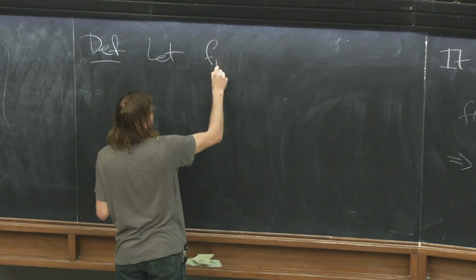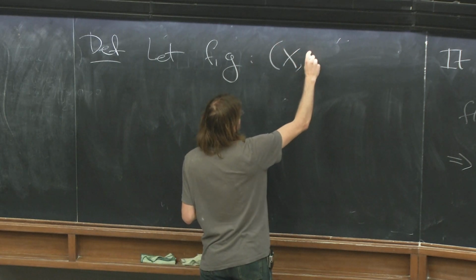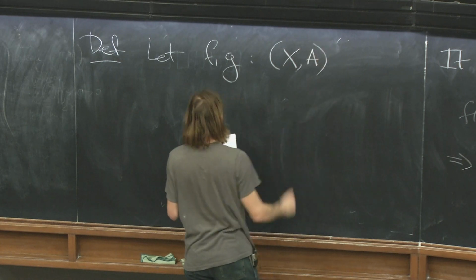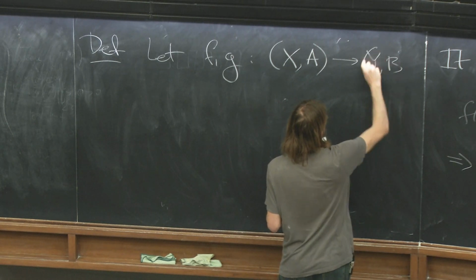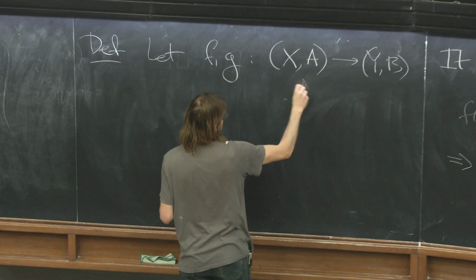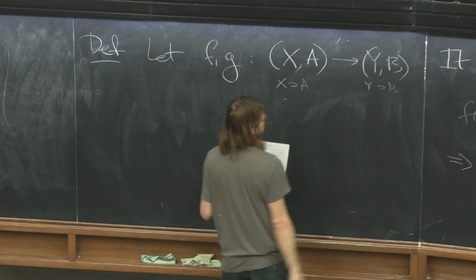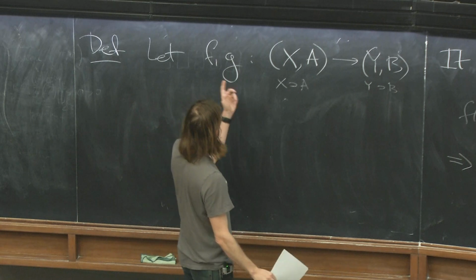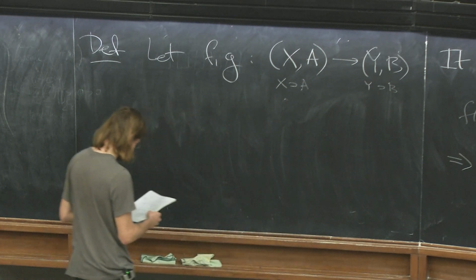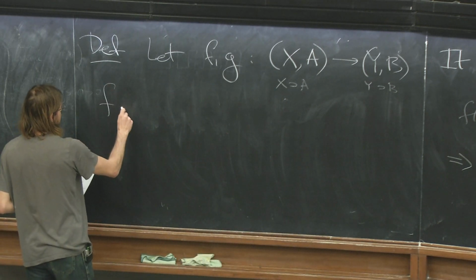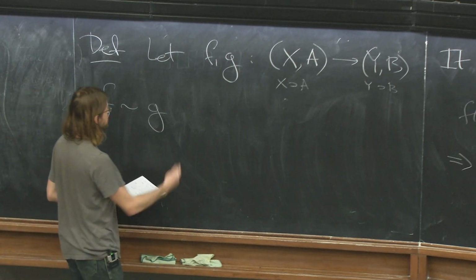So consider F and G, both maps from the pair X and A to the pair Y and B. Again, this just means that we have chosen some subspace A in X, and here we have chosen subspace B in Y, so that for both F and G, the image of A is contained inside B. And then we want to define an equivalence relation on such maps between pairs.